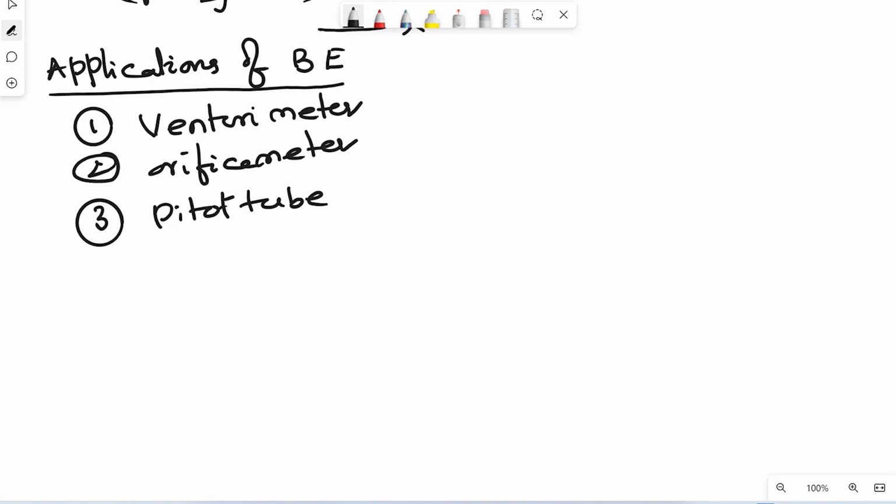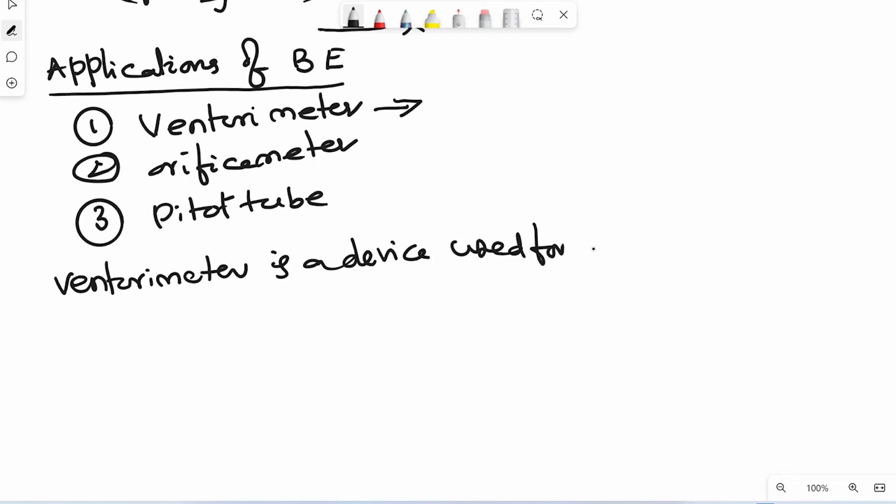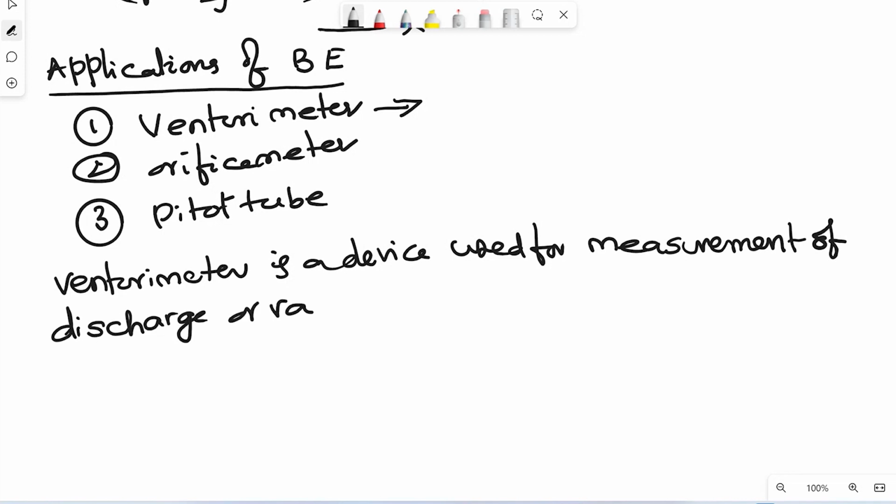What is this Venturi meter? Venturi meter is a device used for measurement of discharge or rate of flow in pipes.